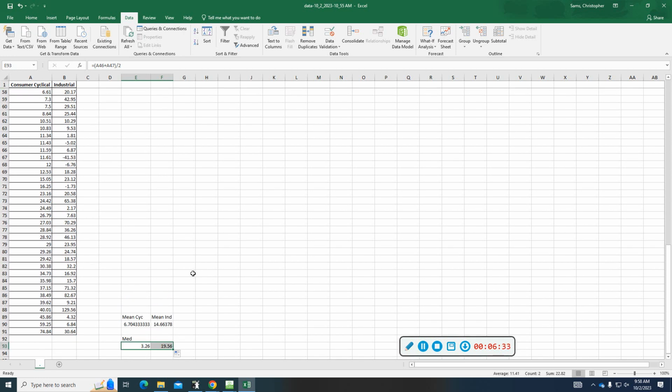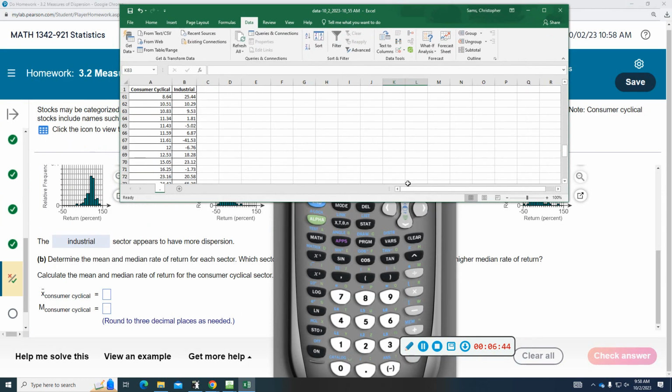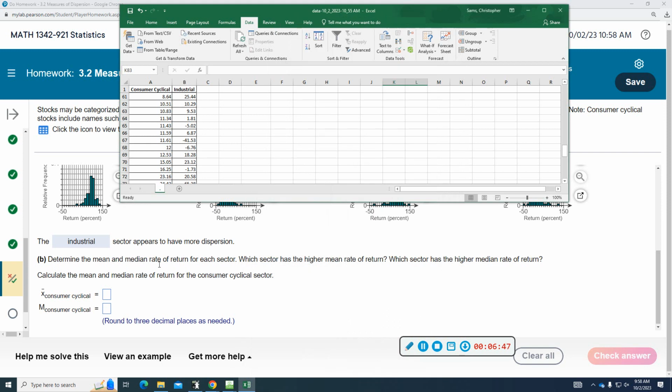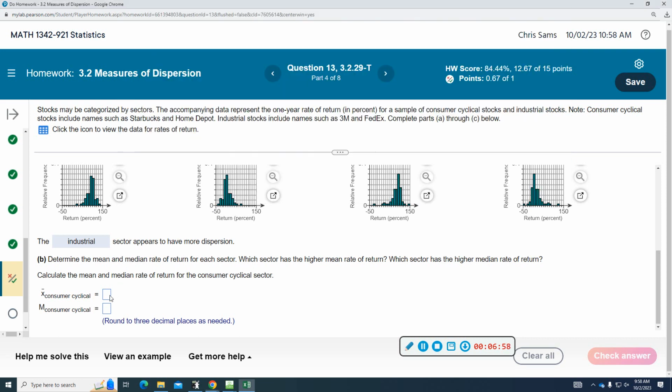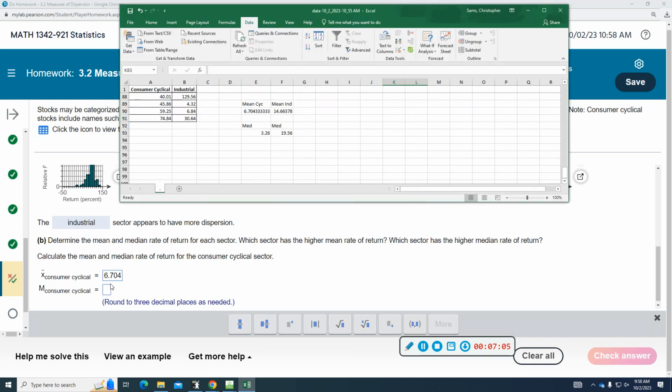It's going to take 46 and 47 and divide by 2. So that's the neat thing about Excel. You can do them both at the same time. Okay, so now that we have those values, the cyclical, which was the first one we had, we're going to go to 3 decimal places, so 6.704. And the median, 3.26.